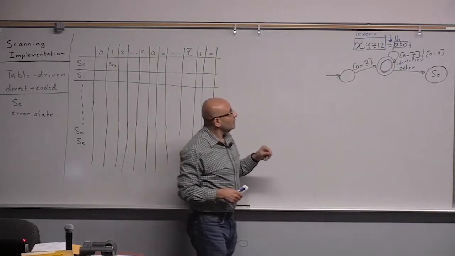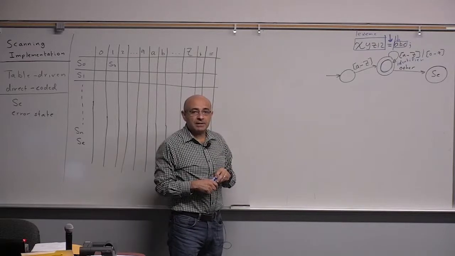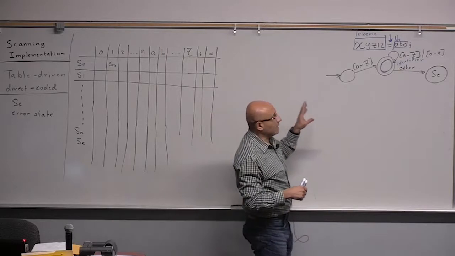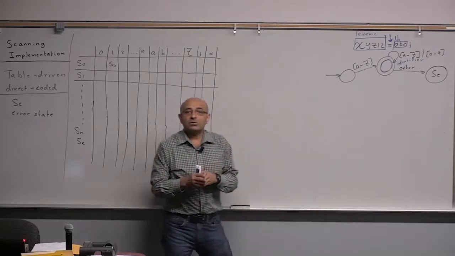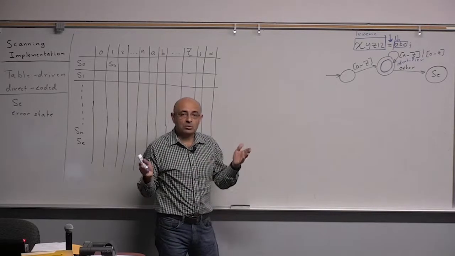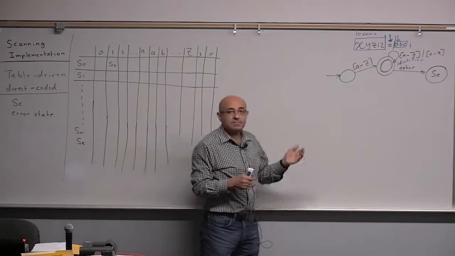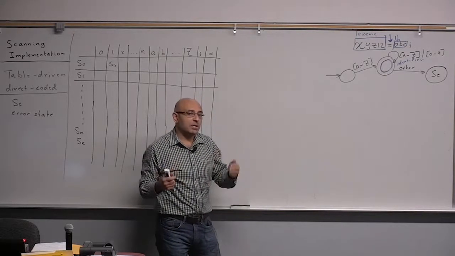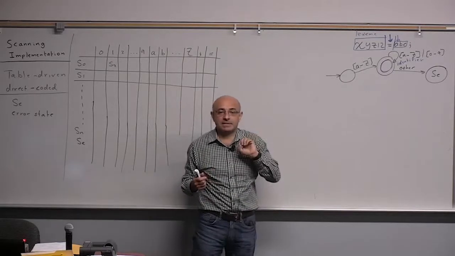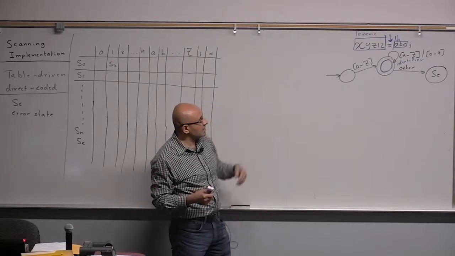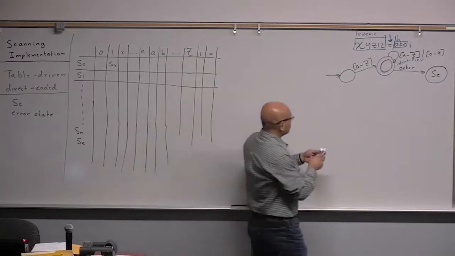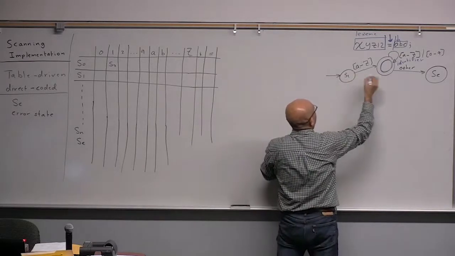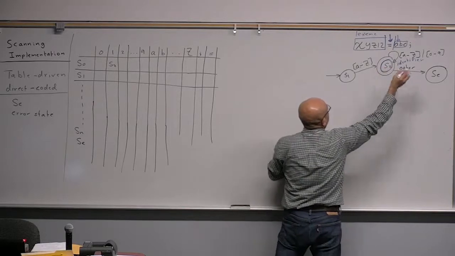So that's why in a typical implementation, you put the states on a stack, and then in order to backtrack to the latest accept state, what do you do? You pop. You keep popping until you get to an accept state. So you keep putting all of these states on the stack until you get to the last. So in this case, for example, this is S1, this is S2, and this is SE.